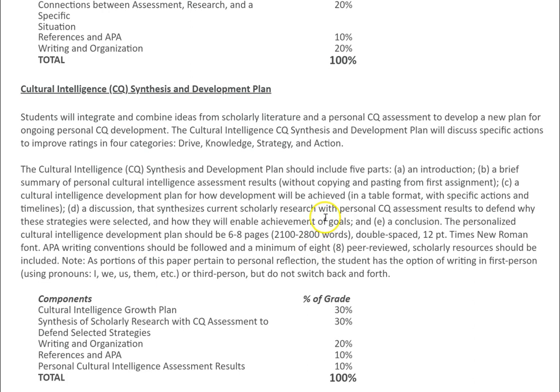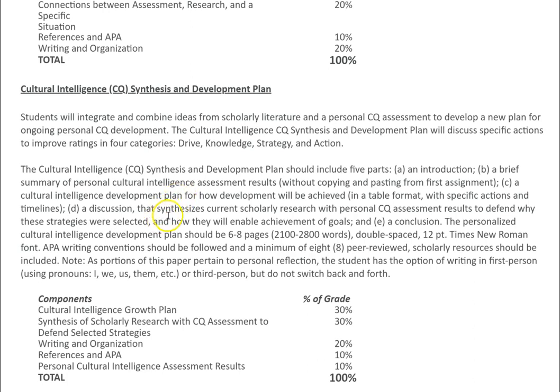And so you don't have to change the word. I'm going to show you an example. But then in section C, your third level 1 heading should be Cultural Intelligence Development Plan. And so under that level 1 heading, I would have a paragraph that explains, this section explains how to develop each of the 4 different dimensions of cultural intelligence, starting with drive, then knowledge, then strategy, and action.